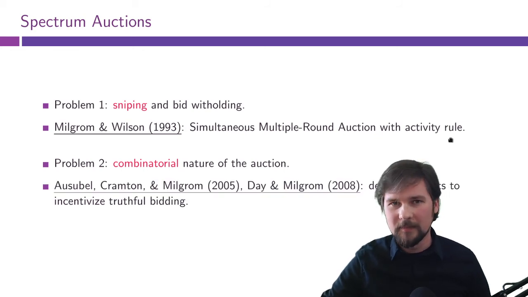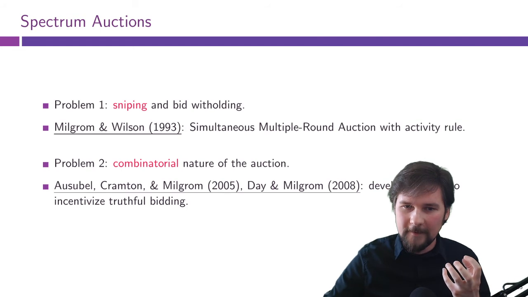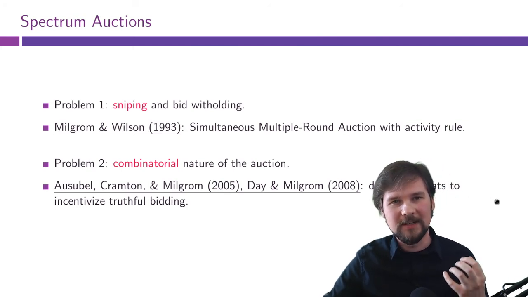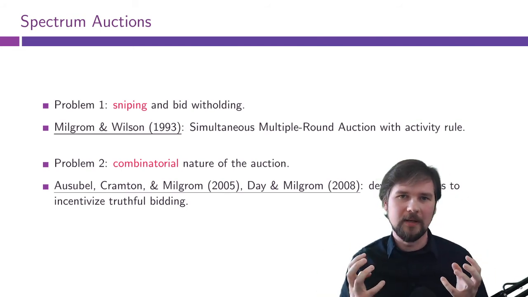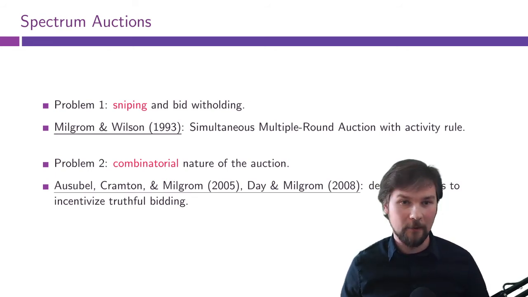So Paul Milgrom and co-authors did a lot of work on these combinatorial auctions and trying to develop formats that would incentivize truthful bidding in these auctions. But I will not go into detail on how exactly they did it.